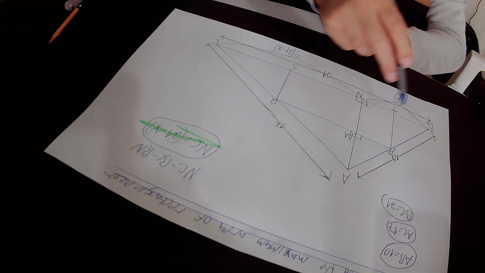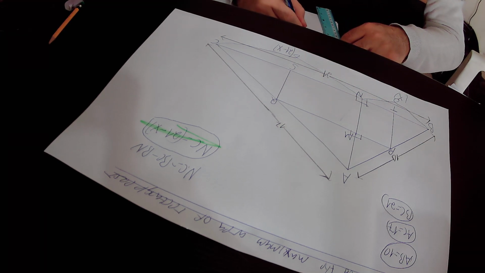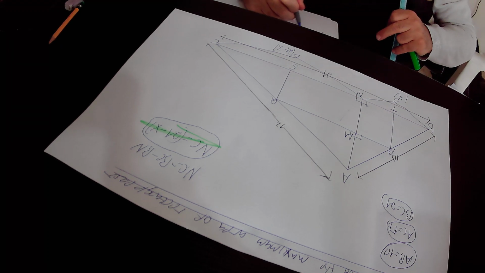The hypotenuse AB of the right triangle equals 10 units, according to what's given in the question. Side BN equals x, according to our definition.